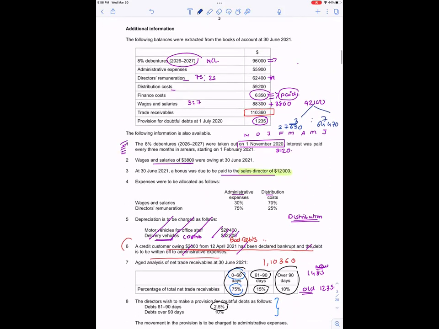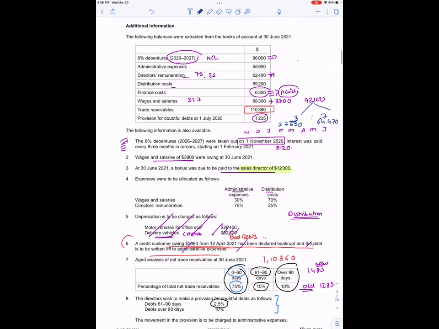Now, finance cost is an issue. Do you have anything about the finance cost, Natila?